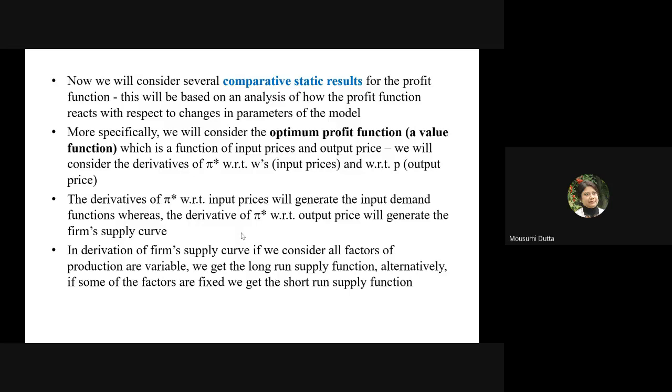However, we will start with the profit function, and from the indirect profit function, how we can derive the input demand functions. Because at this level, this is the most important economic problem we will be able to solve. The rest of the problems are related to constraint optimization. So I'll start with this problem.